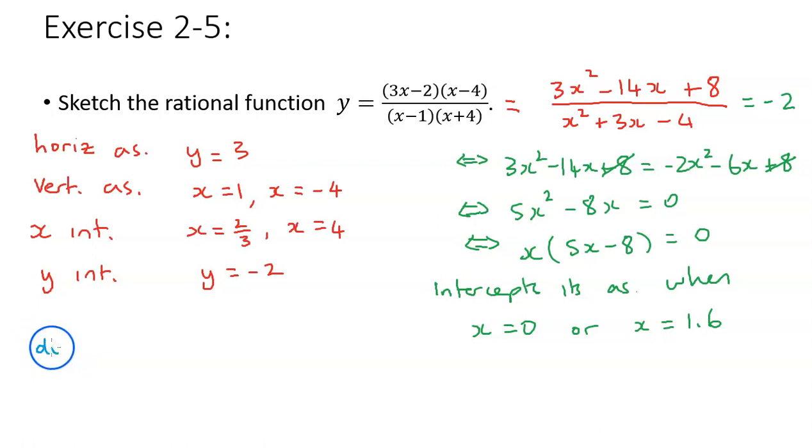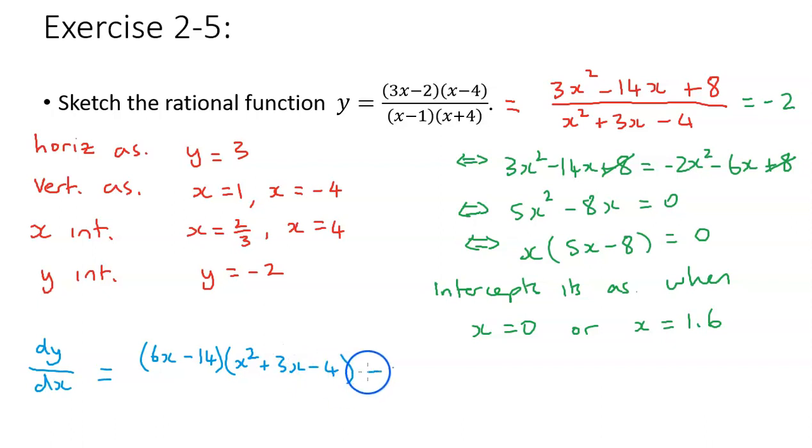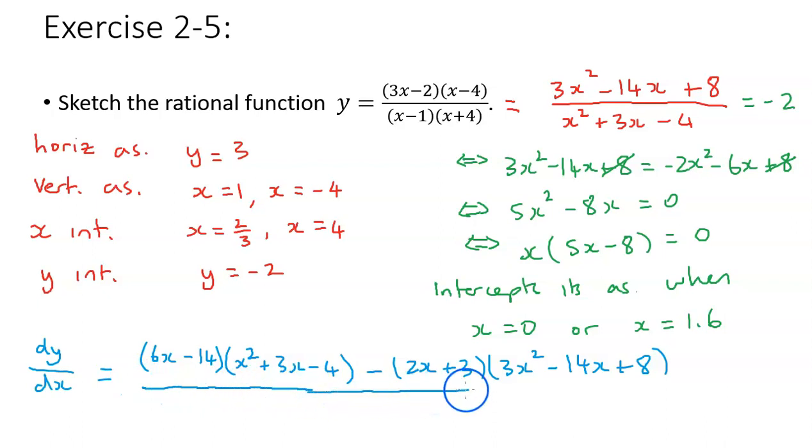So dy over dx is equal to 6x minus 14 times x squared plus 3x minus 4, minus, and then the derivative of the bottom one, so 2x plus 3, times 3x squared minus 14x plus 8, and then the whole thing divided by the bottom one squared, so that is x minus 1 squared times x plus 4 squared.